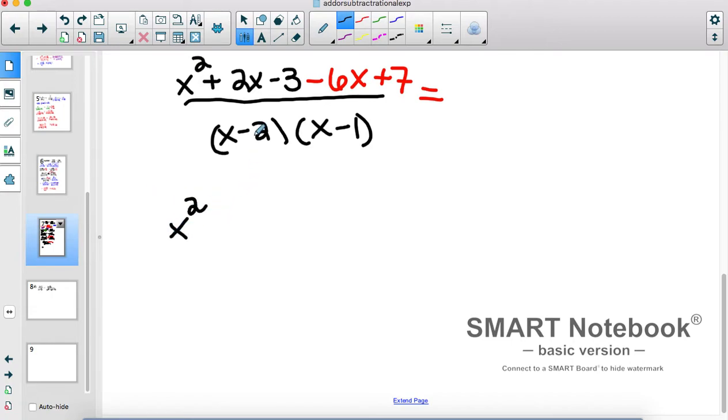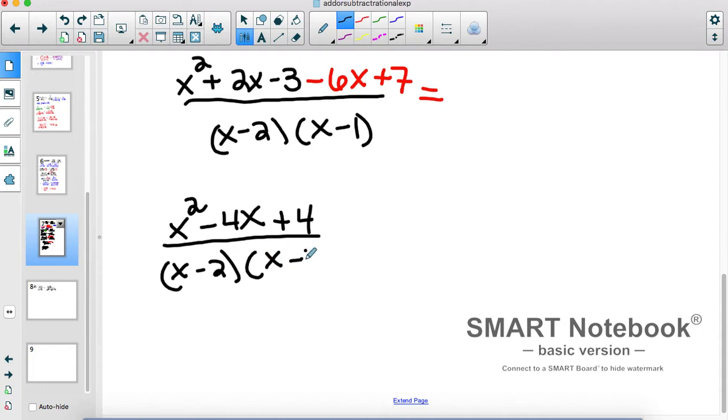X squared, okay. 2x minus 6x, so that's going to give us negative 4x, right? And then negative 3 plus 7 is going to give us plus 4. All under x minus 2 and x minus 1. Okay?